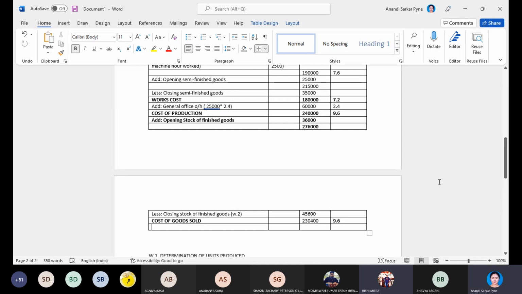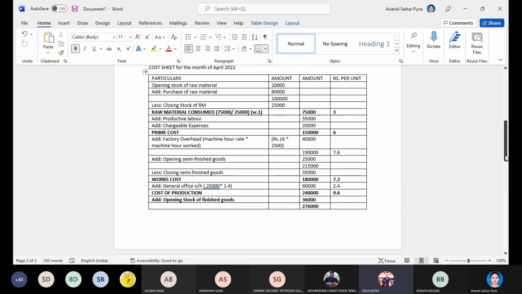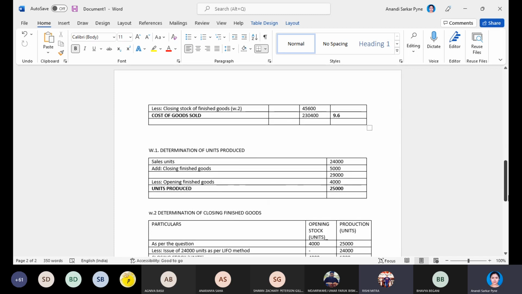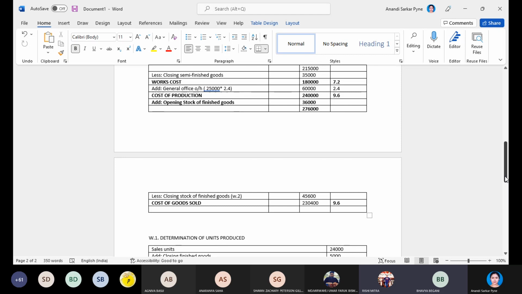Now the selling and distribution overhead. Selling and distribution overhead is rupees 1.5 per unit. Now, 1.5 into 24,000 equals 36,000. So we will add the selling and distribution overhead on 24,000 units. Why 24,000?